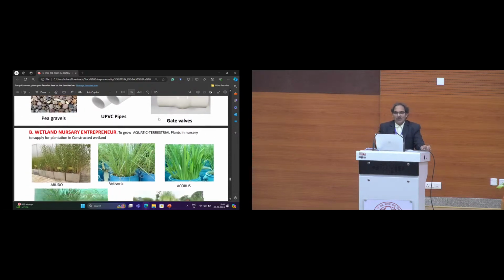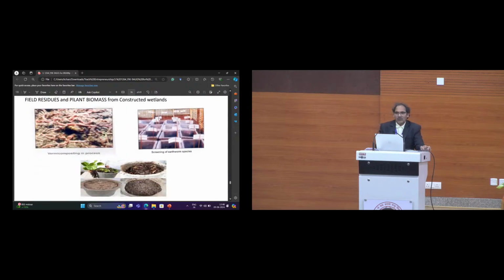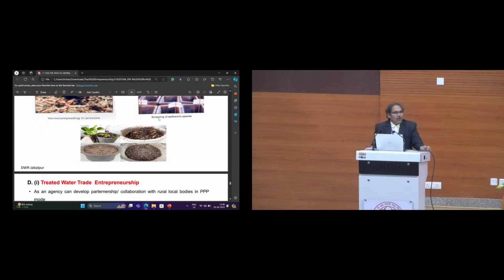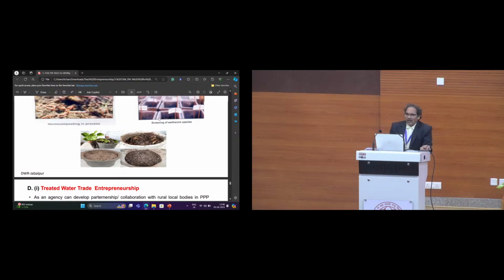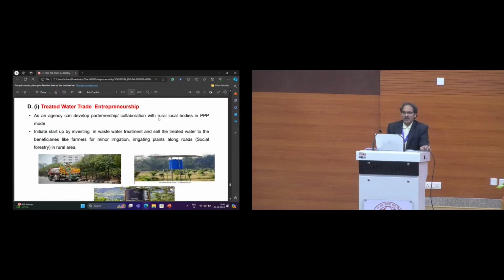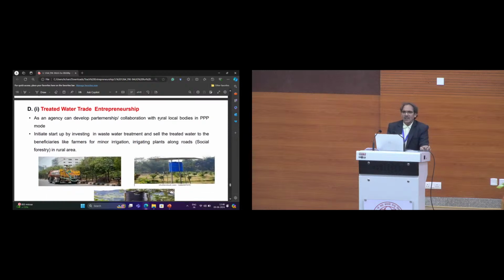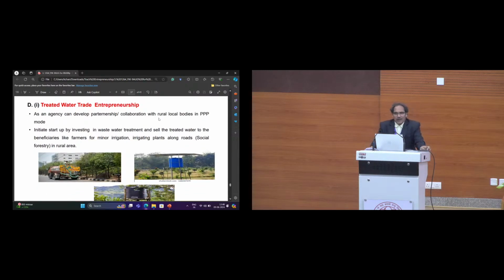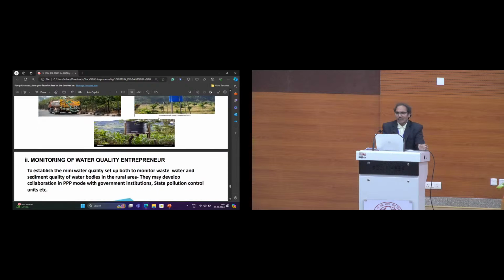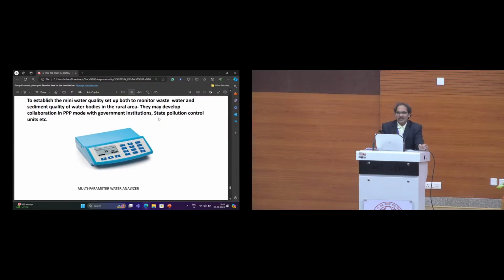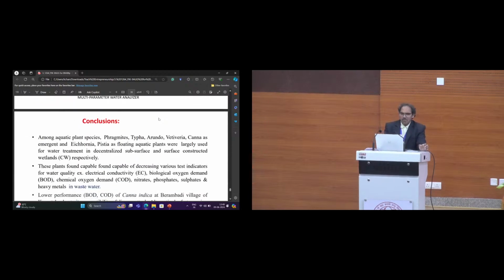Then the wetland nursery also. Then manures: vermicomposting and composting can be done. And then treated water entrepreneurship: this treated water can be sold to the local panchayats or nagarpalikas. In this line also there is scope, and testing of water quality using meters.